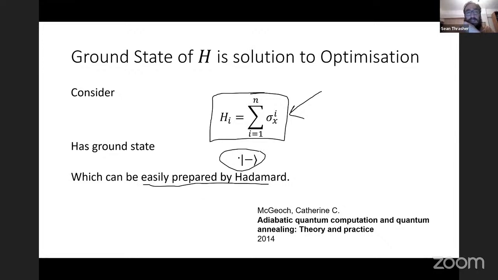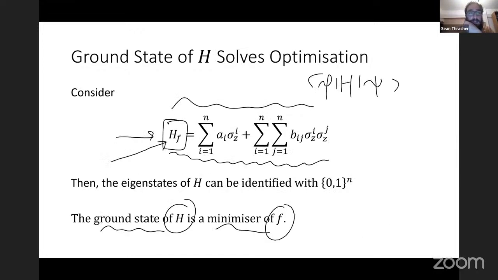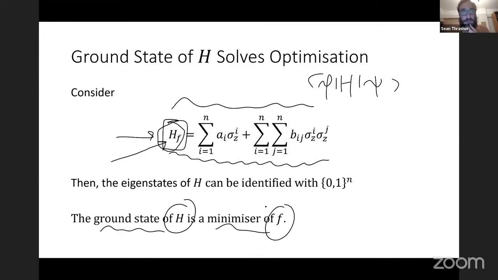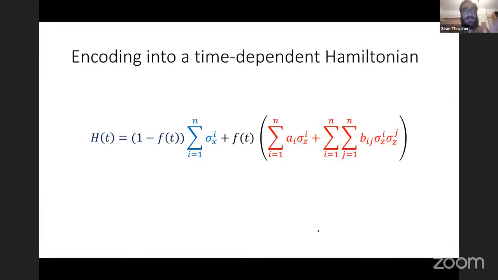And the point is that if I go from this initial H_I to this final H_F, then this ground state that I start off with will be forced to the ground state of H_F, which is the solution. So this is the key argument here.